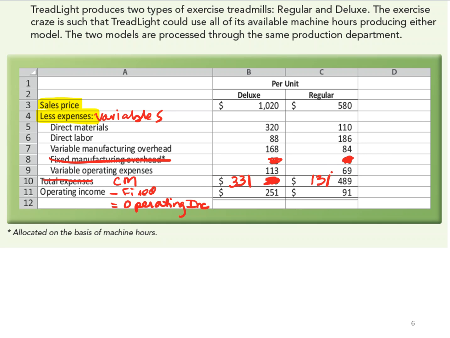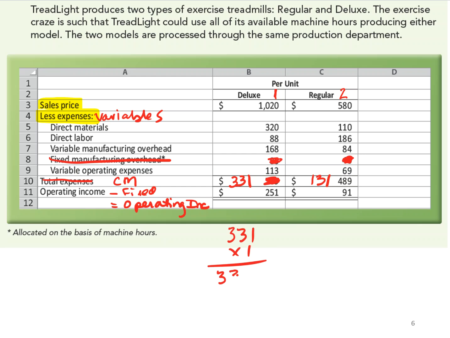Now the problem here is that it looks like we can produce 2 units of regular with 1 machine hour, and we can only produce 1 deluxe. So since we are constrained by the equivalent units, what we need to do is take the 331 times the 1 hour.